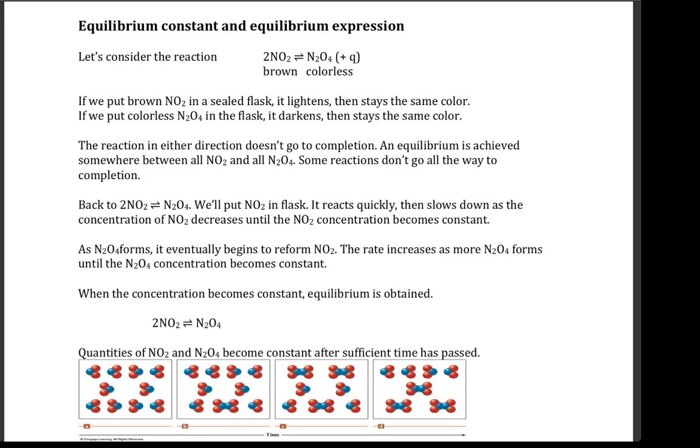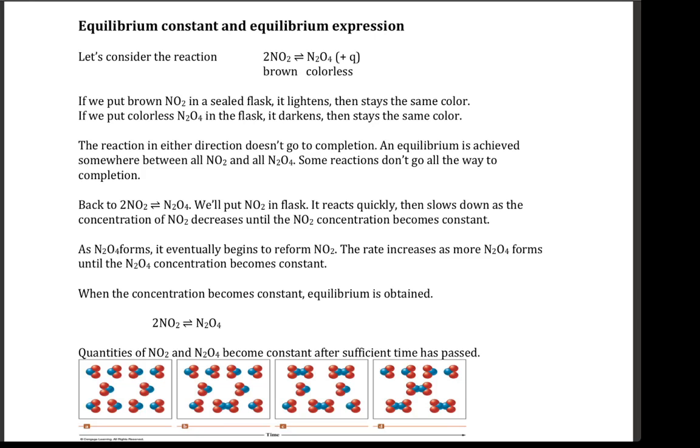That's shown in diagram B, down in the third row. After more time has passed, then more N2O4 is formed. In fact, we have 3 molecules of N2O4 and 4 molecules of NO2. As more time has passed, we're now in diagram D. Notice we still have 3 molecules of N2O4 and 4 molecules of NO2.